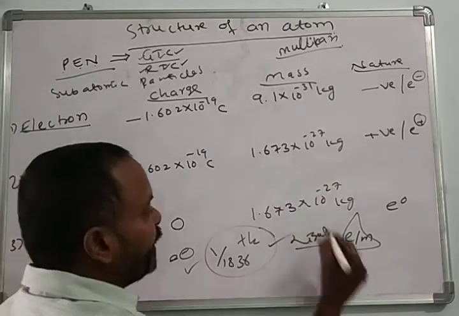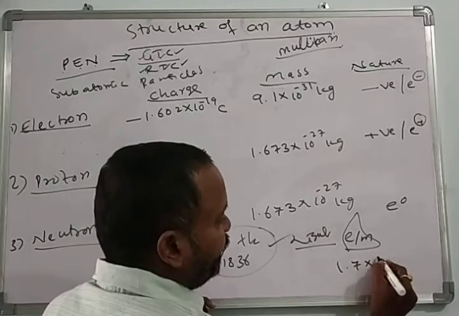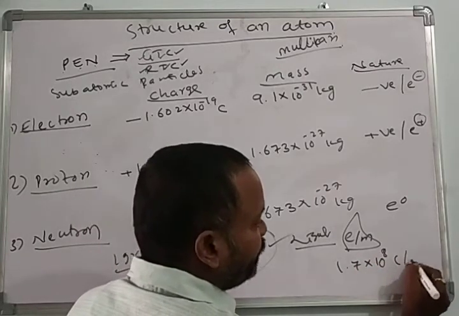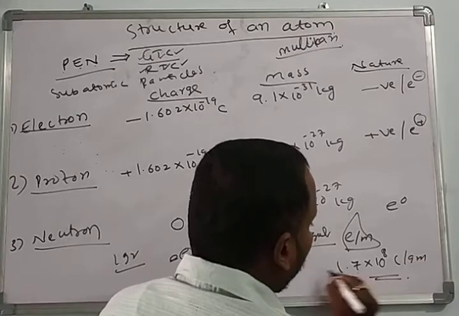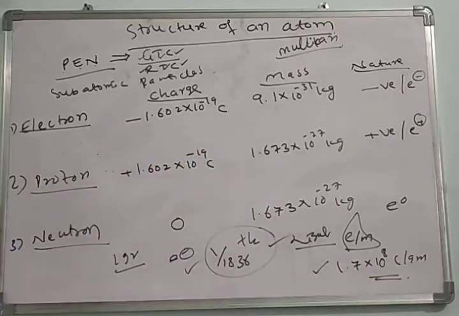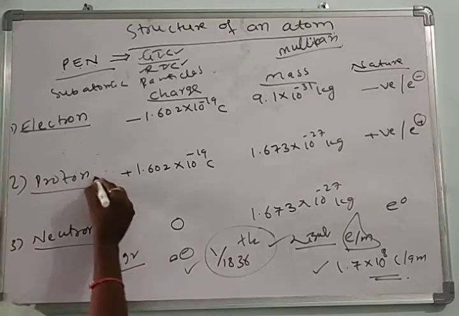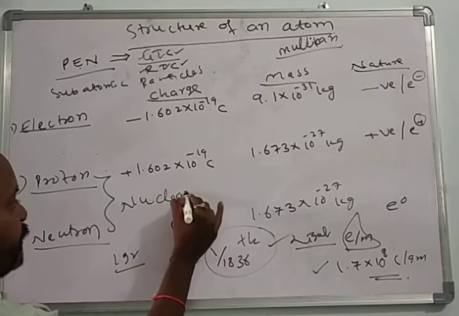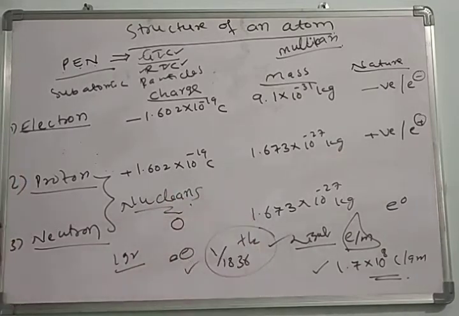The e by m value of electron is 1.7 into 10 to the power of 8 coulombs per gram. Proton and neutron are both present in the nucleus, so these are called nucleons. This is the introduction of electron, proton and neutron.